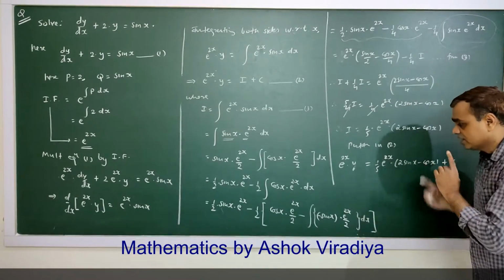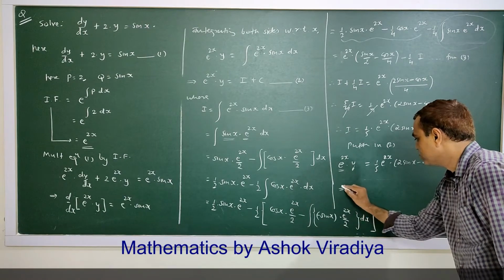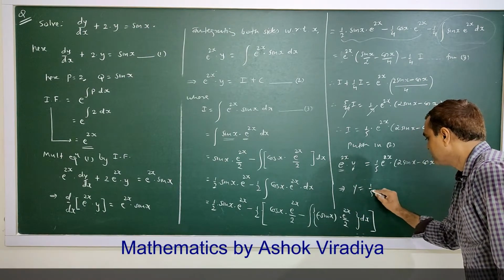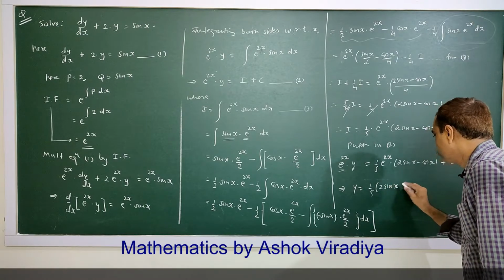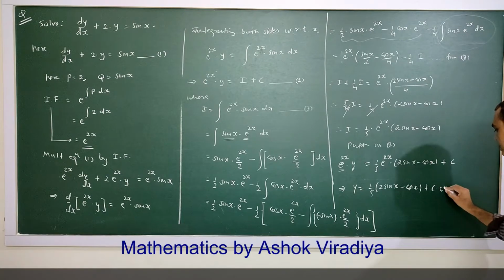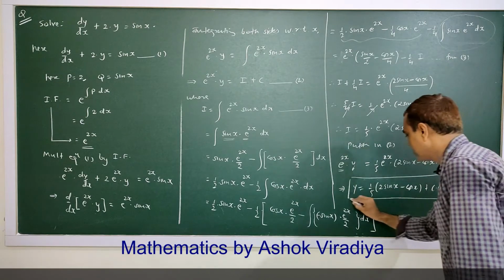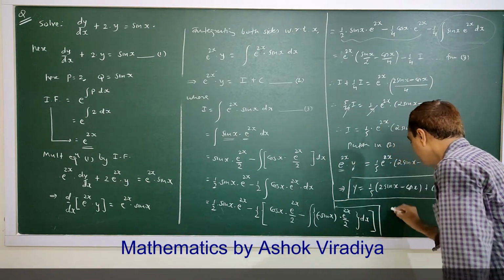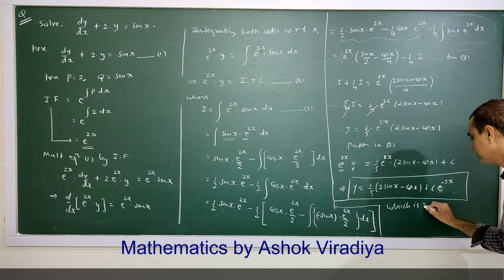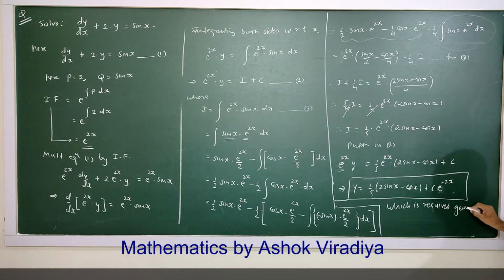Y is a function of x. So for which we divide this equation by e raised to 2x. So dividing by e raised to 2x, y is equal to 1 by 5 times 2 sin x minus cos x plus c into e raised to minus 2x. So this is the required general solution.